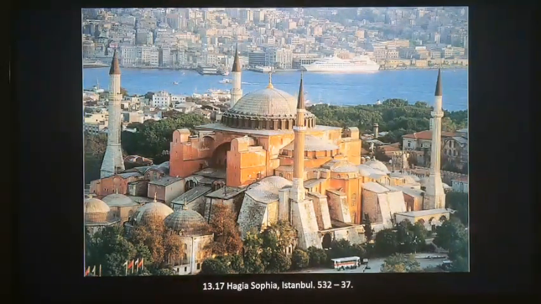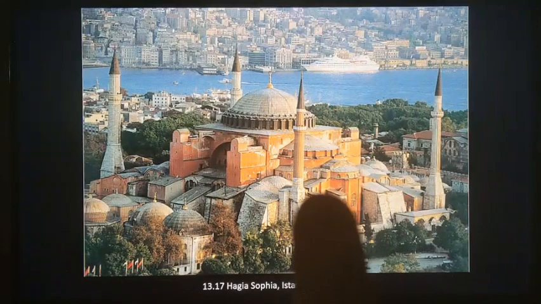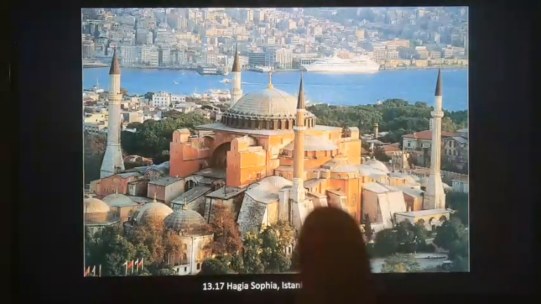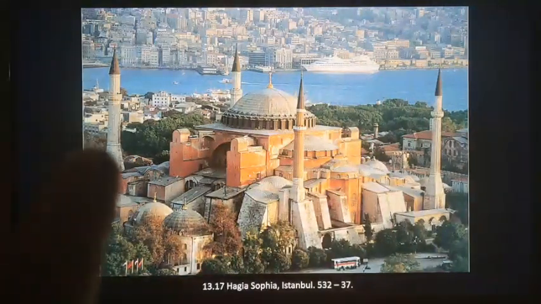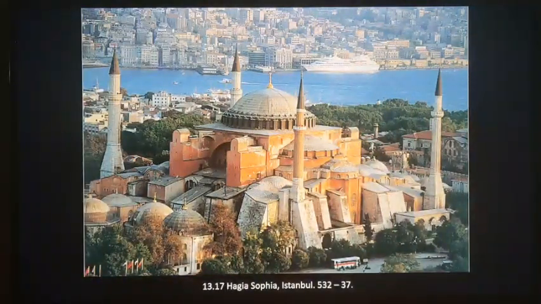Constantine, the Roman ruler for whom the city was originally named, Constantinople. It is now modern-day Istanbul. At the time of its construction, it was originally a Christian church and was then added on to become an Islamic mosque, as you can see with these minarets on the four corners here that usually denote, as an architectural form, the Islamic mosque.